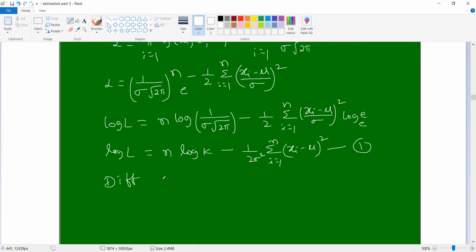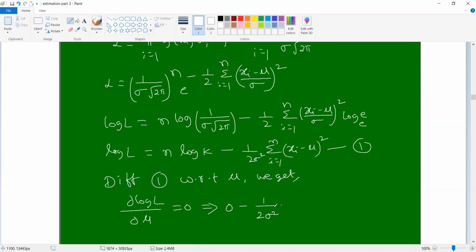Differentiate equation 1 with respect to mu first. Here sigma square is a known, constant value. Differentiation of 1 with respect to mu, we get dou log L by dou mu is equal to 0, as differentiation of a constant is 0, minus 1 by 2 sigma square constant.